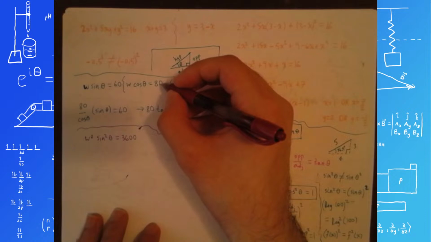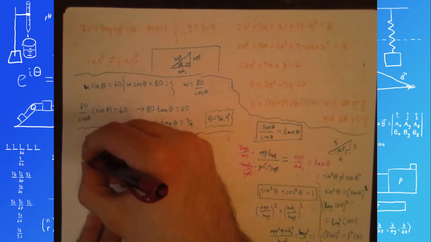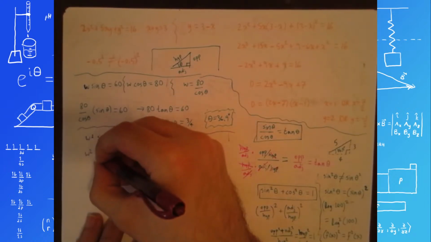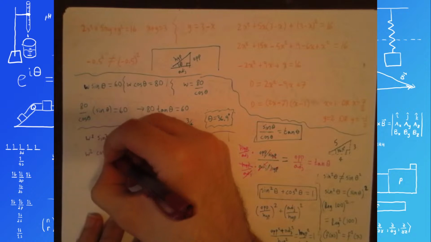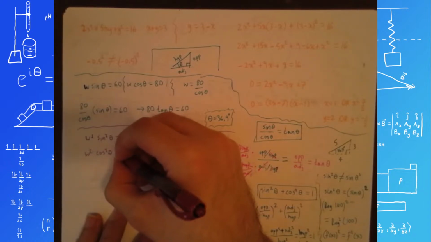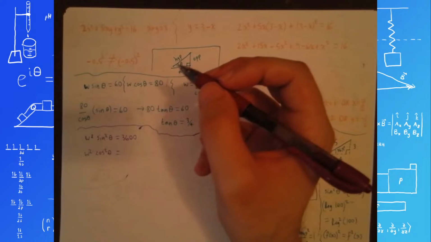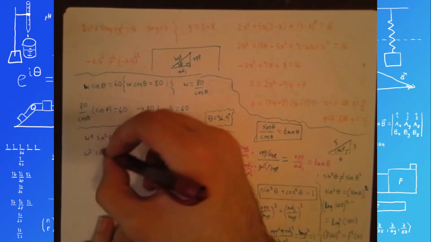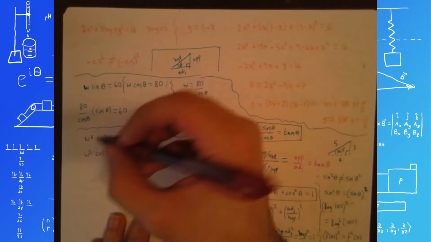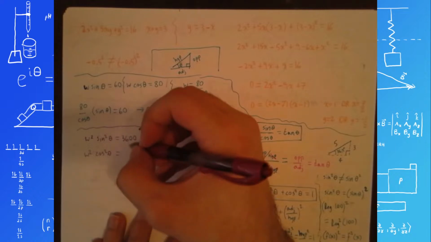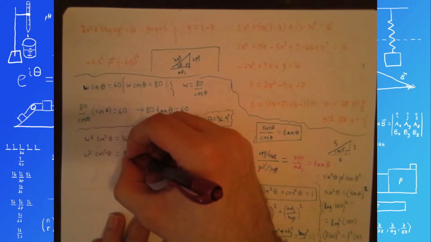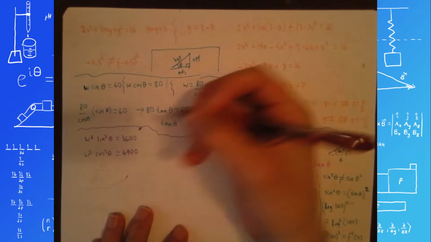W cosine theta equals 80. If I square that, I get w squared cosine squared. Remember, exponents distribute over multiplication, so the square of w times cosine is the same as the square of w times the square of cosine, equals 80 squared, which is 6400.